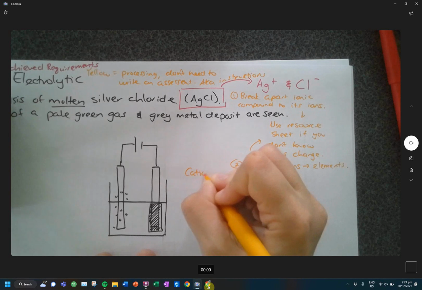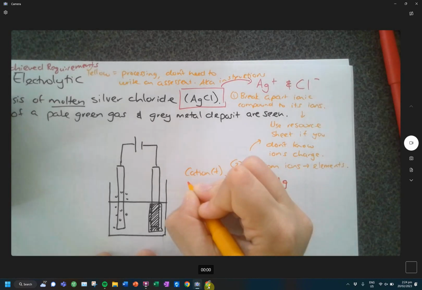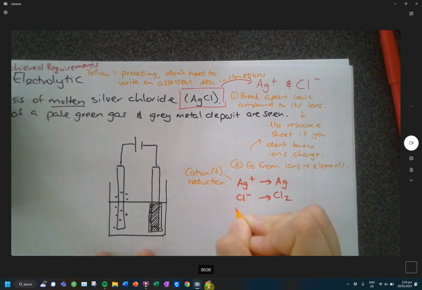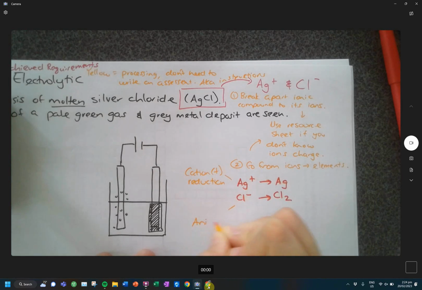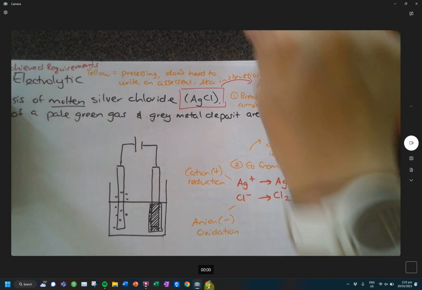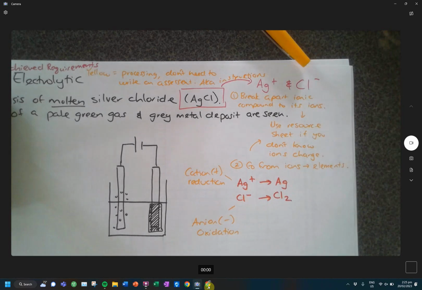So cation, the positive charge, is going to be the reduction. And this negative one, the anion, negative, is going to be my oxidation. So break up your ions. You're always going to have cation is oxidation. Sorry, cation is reduction. Anion is oxidation.